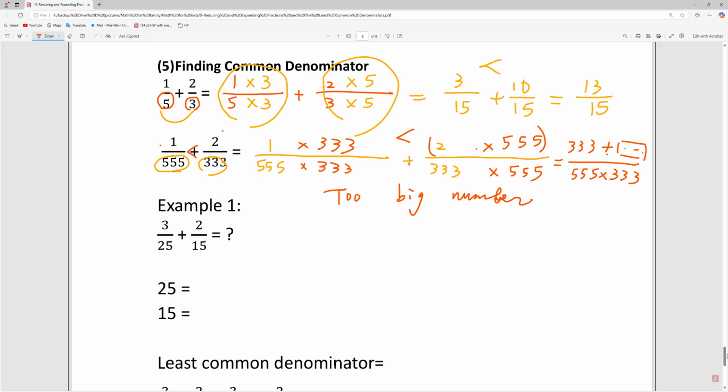The number is too big. Okay, so what's the correct method? Right now I'm going to show you how to find the common denominator.